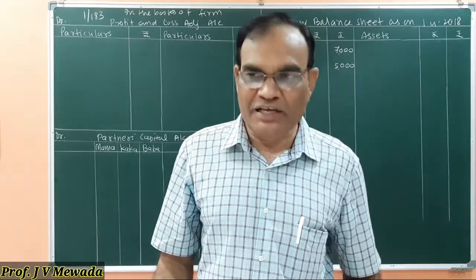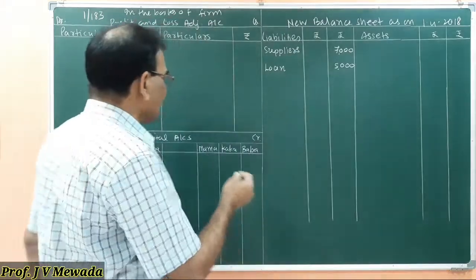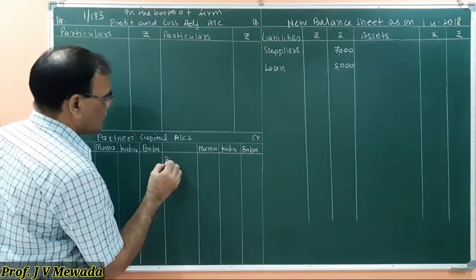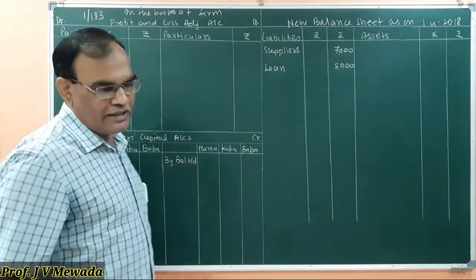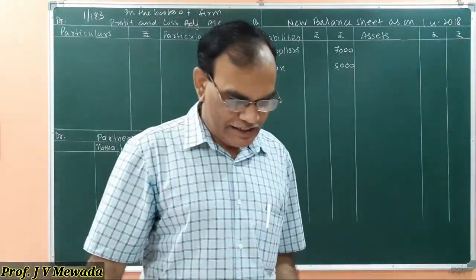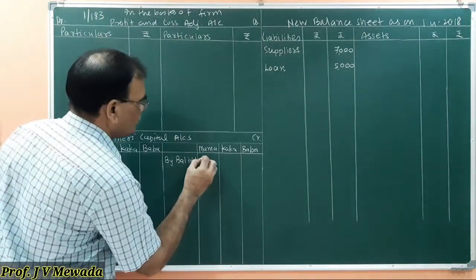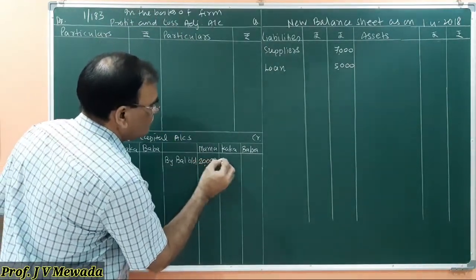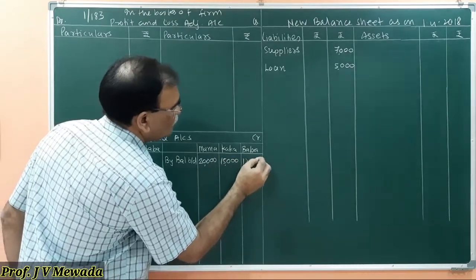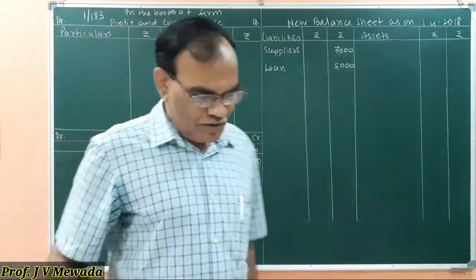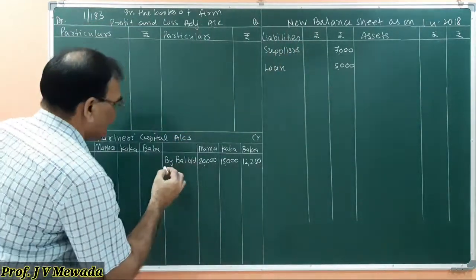So first we will transfer the capital balance to the partners. Capital balance to partners is transferred on the credit side. By balance brought down, the capital of the partners is 20,000, 15,000, 20,000, 15,000 and 12,250. Okay, and now we are having general reserve 6,250.